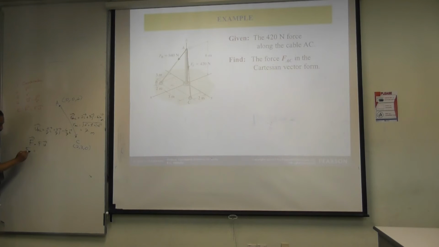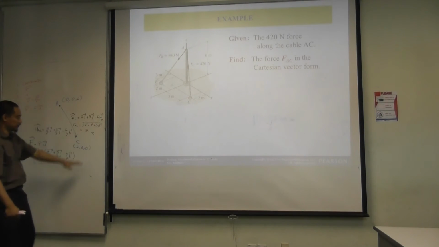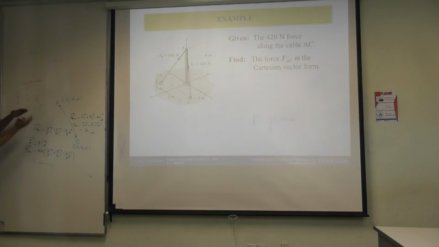So F is 420 times all of this, right? 2 over 7 i plus 3 over 7 j minus 6 over 7 k. Okay, then you get the vector. Of course, the exam will never give you only this question, because there will be another force and then you have to find the resultant, etc. Right? That will be the first step. So normally this cycle is the first step of the calculation.